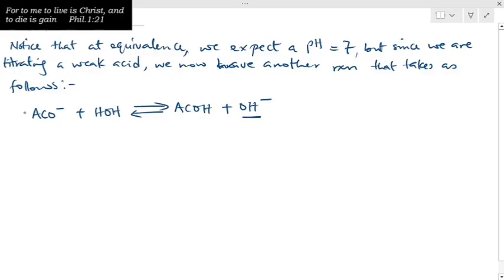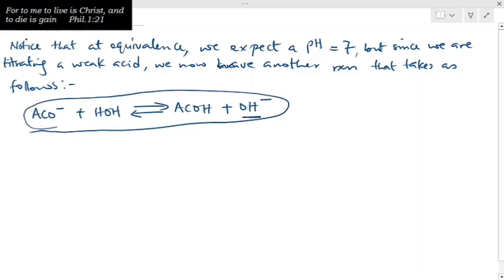This reaction here now forms what? A new equilibrium. And this new equilibrium releases the OH minus into the solution. And because the OH minus is released into the solution, the pH is far greater than 7, because that will further increase the alkalinity of the system.